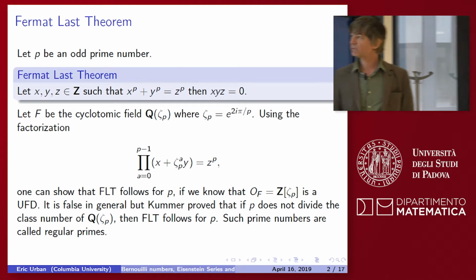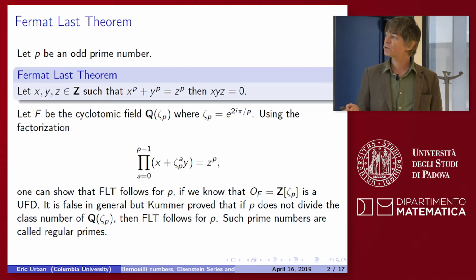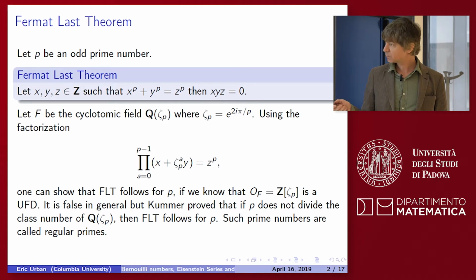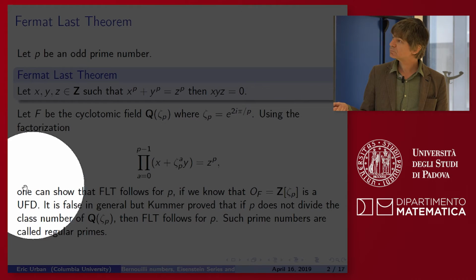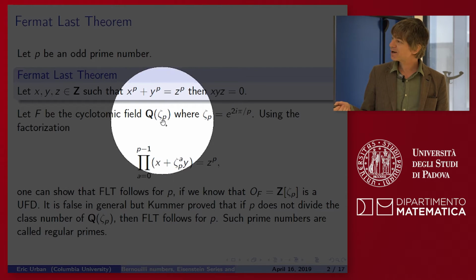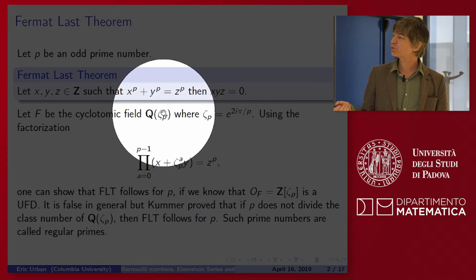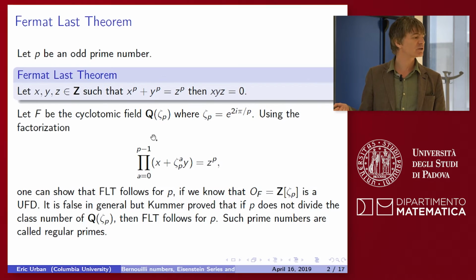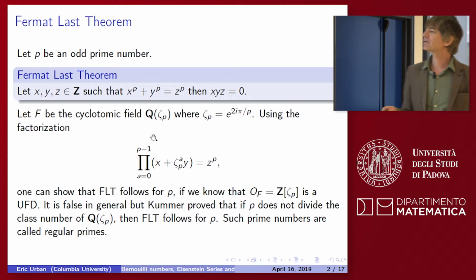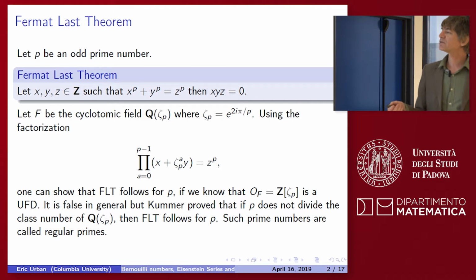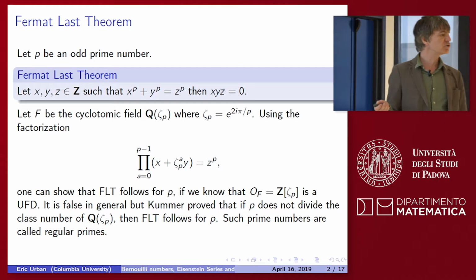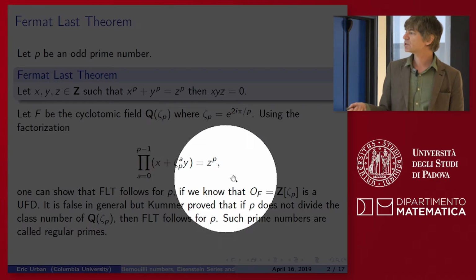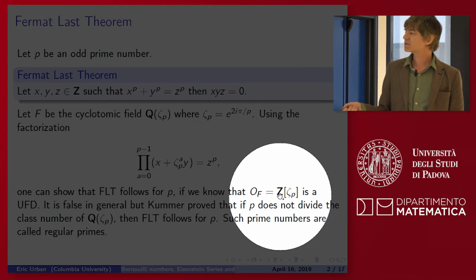So if you take the cyclotomic field, that means that you add the p-th root of unity to Q, so that gives you a number field, and then you can think of the ring of integers inside this number field, which is Z[zeta_p].